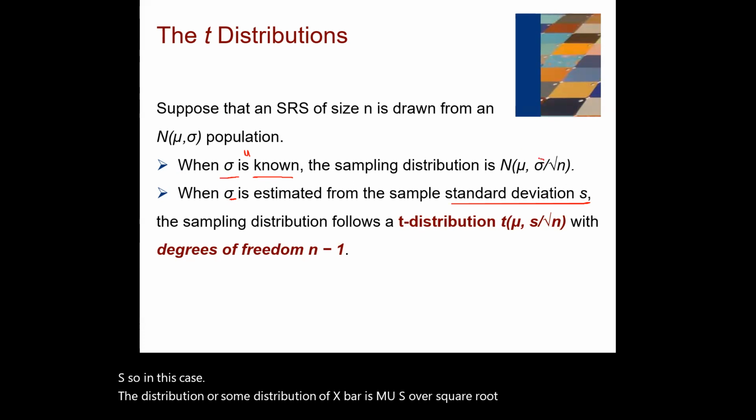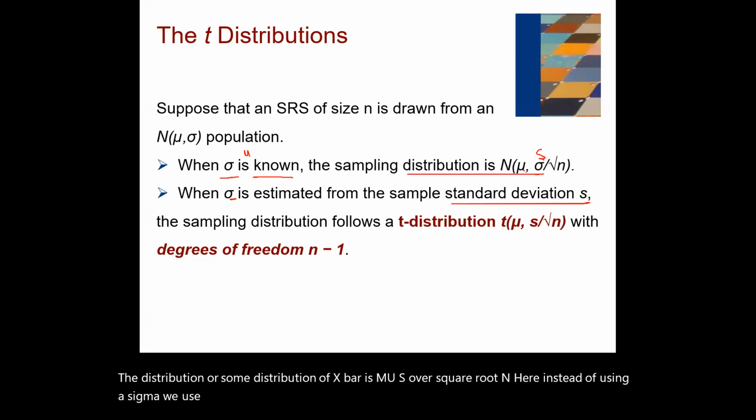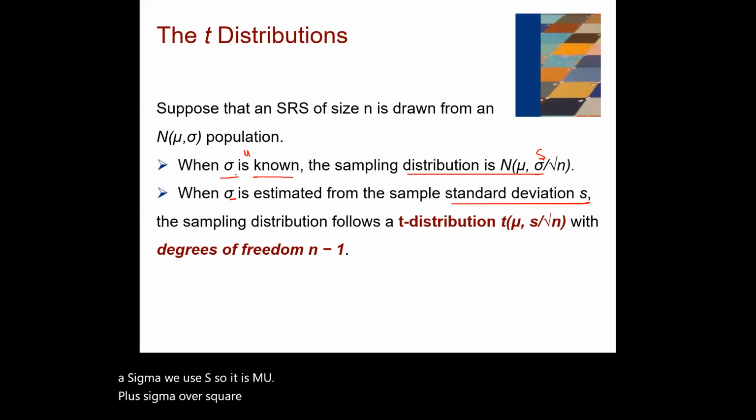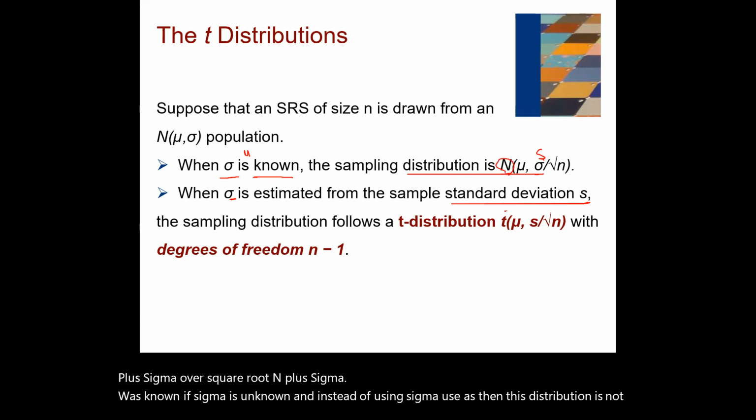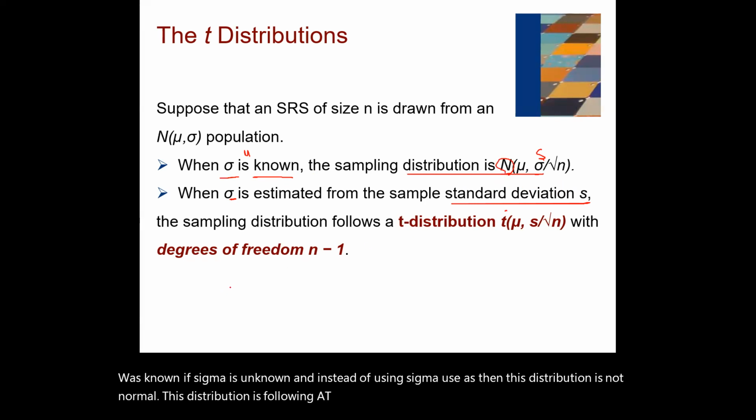In this case, the distribution is not normal. It follows a t distribution with n minus 1 degrees of freedom.